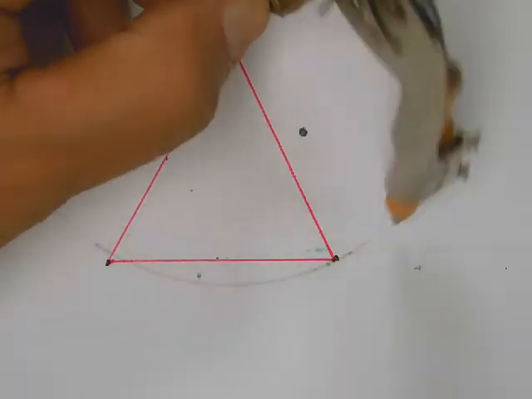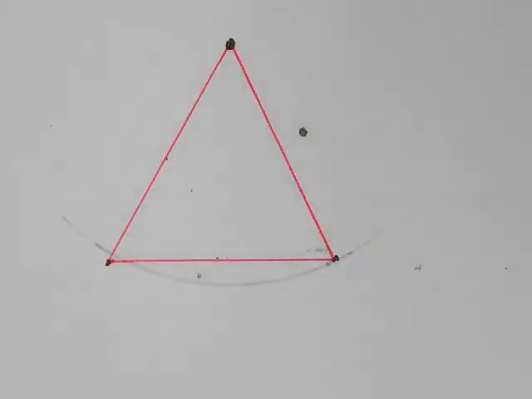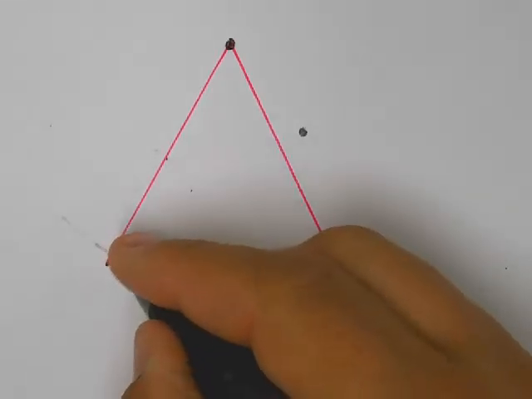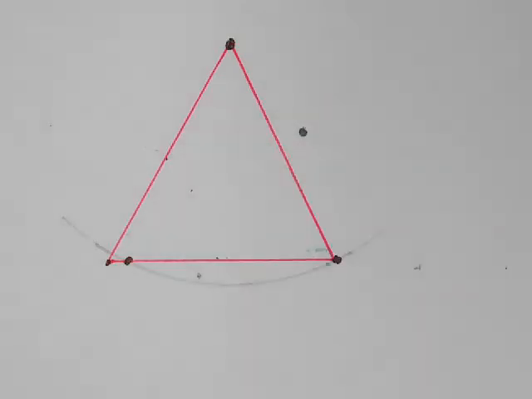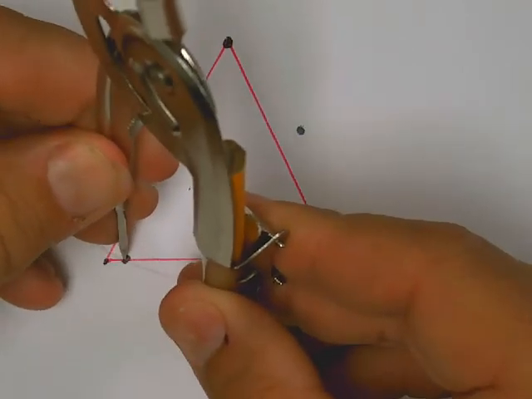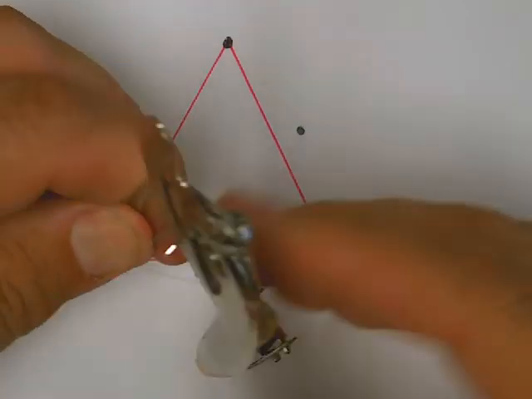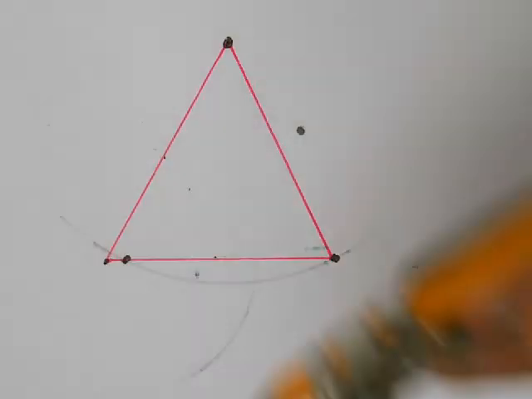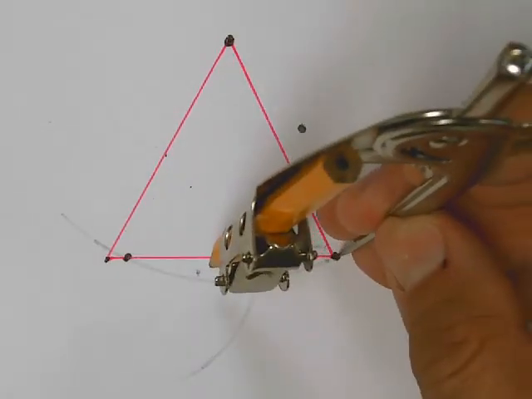AJ, does that make sense? I'm intersecting it in two spots. I'm going to highlight those two spots. Right there. Right there. Now I go from those two spots and I get another point of intersection. It doesn't matter what my compass width is, as long as I get a point of intersection down here. I can narrow it, I can widen it, it does not matter.